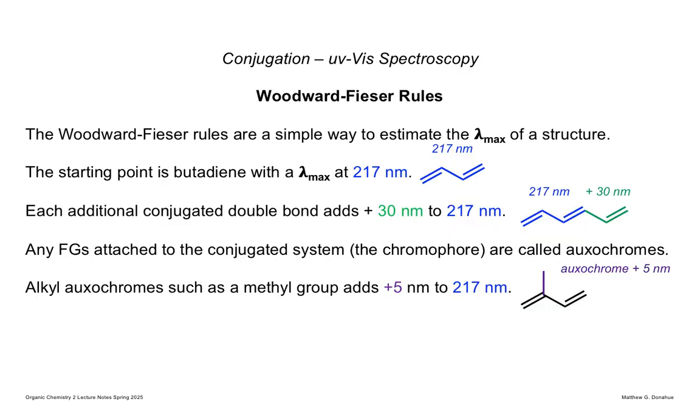So the Woodward-Fieser rules are a way to estimate the lambda max. Where is the light going to be most absorbed in UV-vis spectroscopy? And the starting point, so I'll do it in red here, is again 217. For every double bond that you add, you tack on another 30 nanometers.